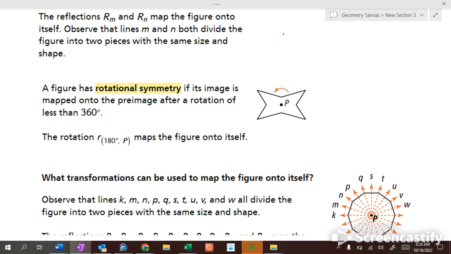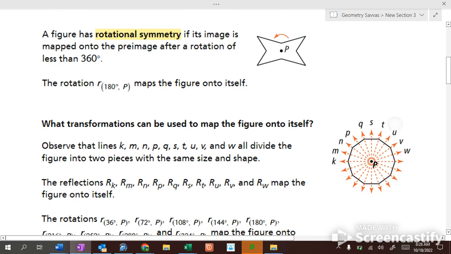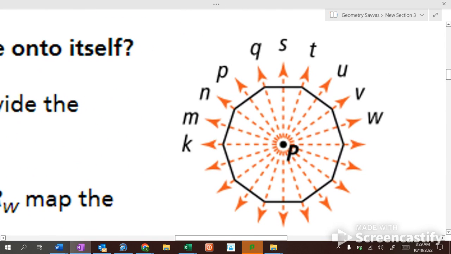All right. So, if we look at this decagon down here, and we look at all the lines of symmetry, starting with K, which goes point to point across here, and this one goes middle to middle.